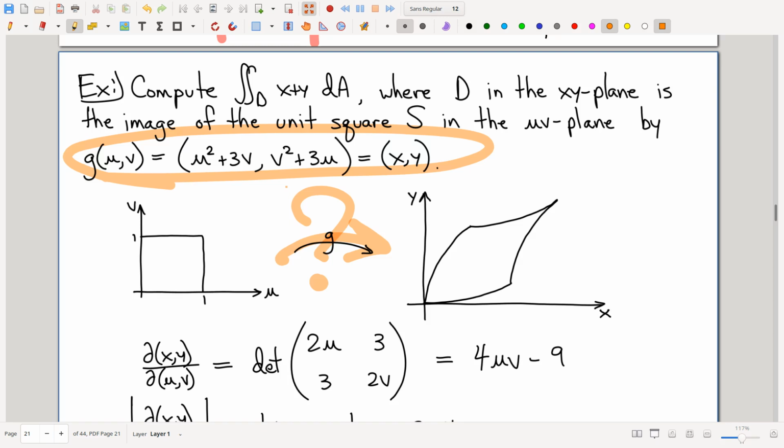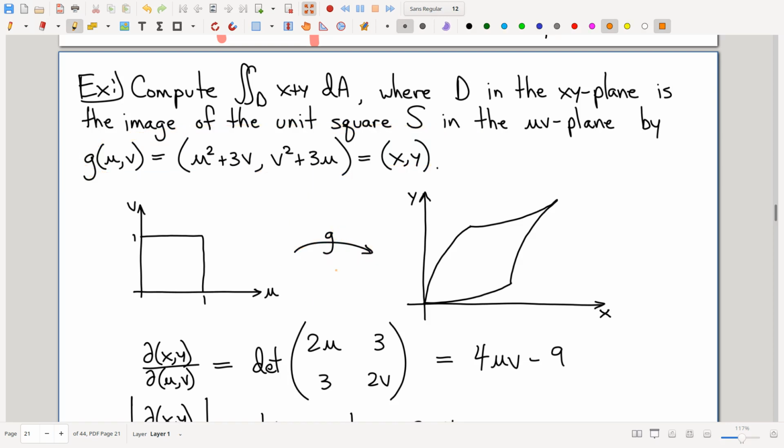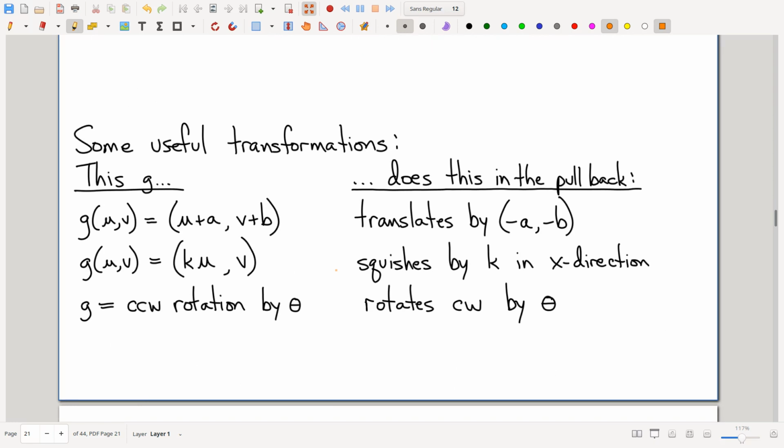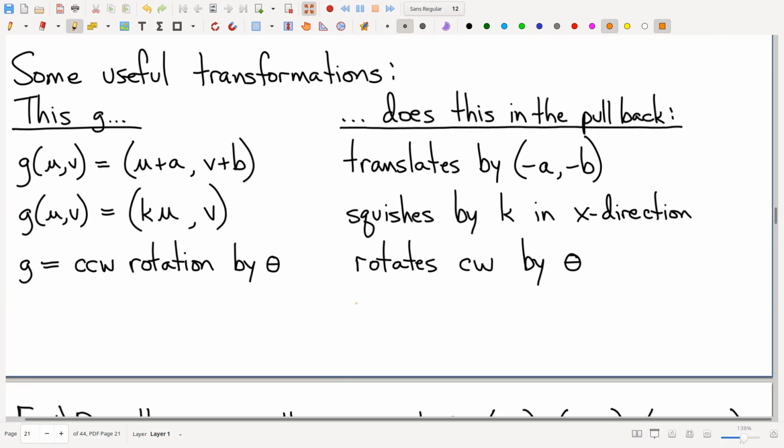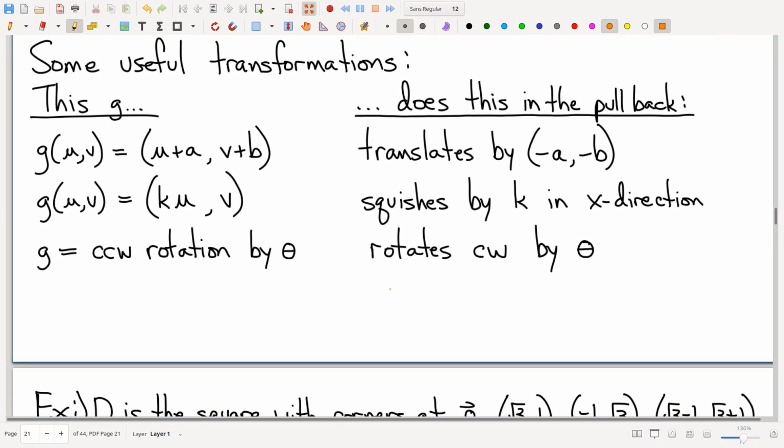Right, so I'm going to approach this from a tools in your toolbox point of view. Here are some change of variables functions that are useful sometimes. You can translate points. Shifting things around can make things more convenient sometimes.